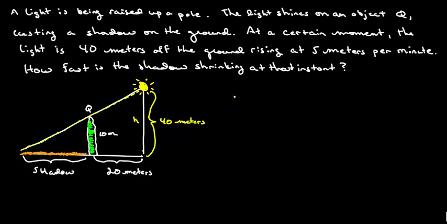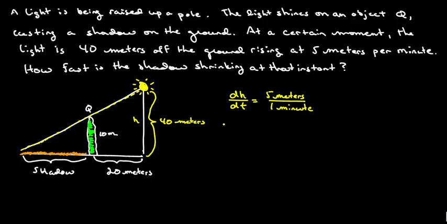So the rate of change of height with respect to time is equal to 5 meters per 1 minute. So that's some information that's given to us in the problem.